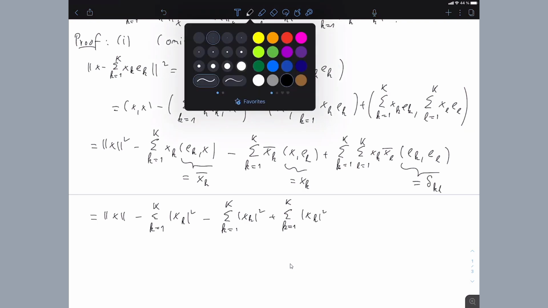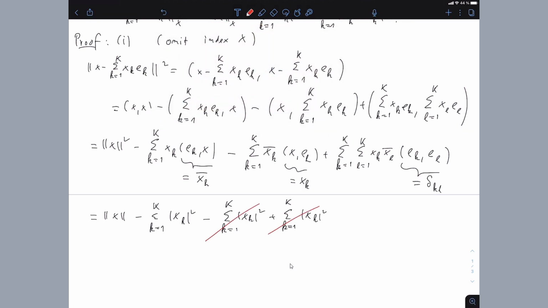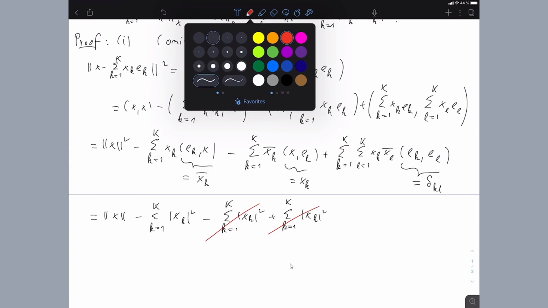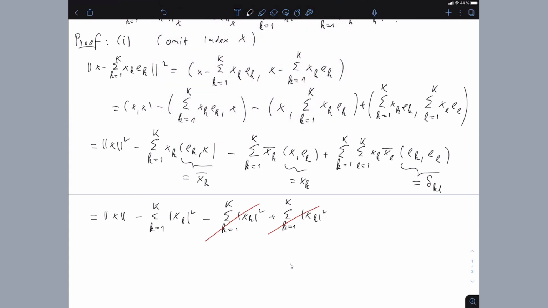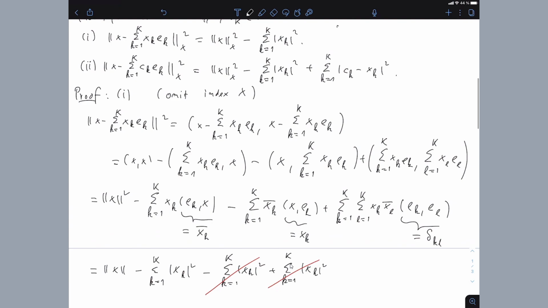And we can see that these two are the same. And what remains is exactly what I have claimed. So actually a very simple computation. I would claim that going from here to here shows that the difference of these two objects is just the difference of the norm squared, which I forgot the square on here, and the sum of the squares of the coefficients.